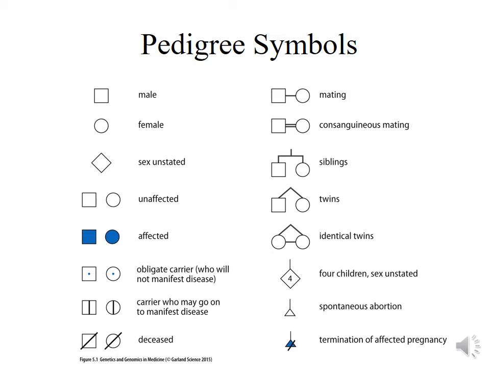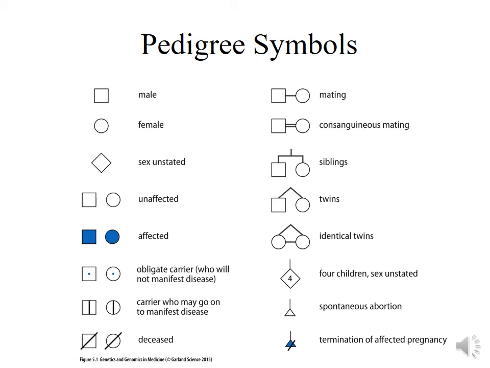Pedigree symbols. The extent to which a human disorder has a genetic basis can often be established by taking a family history. A pedigree is a graphical representation of a family tree that uses standard symbols, shown in this slide, and is used by geneticists to determine inheritance patterns.